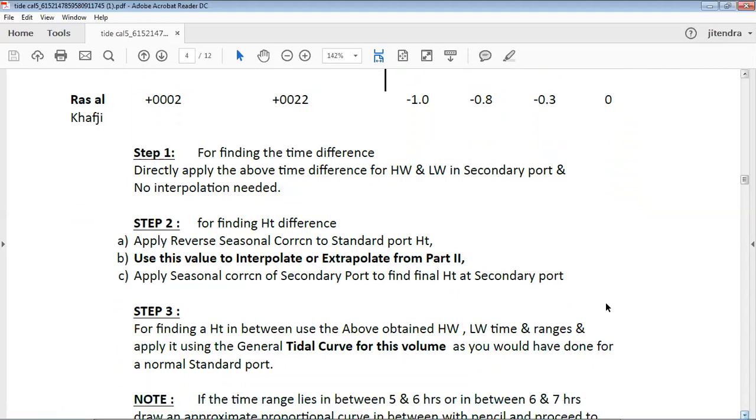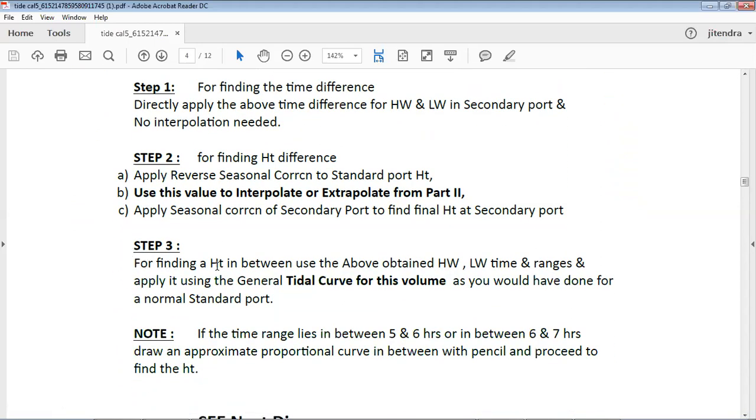Now step number 3 is we need to find the height between the above obtained high water and low water time and ranges, and apply it to the general tide curve. Whatever correction we get, we apply to the tide given for that day, which is called daily prediction. And then we will get the tides and timing for the secondary port.